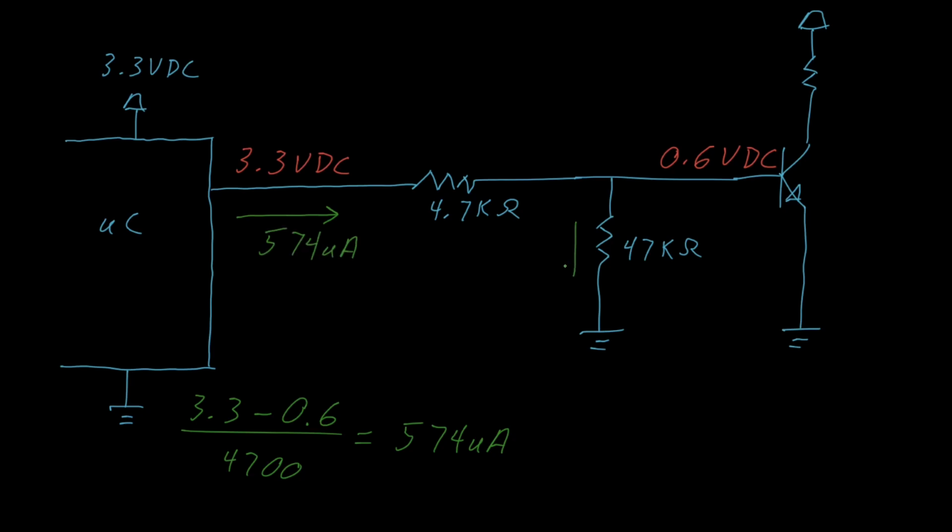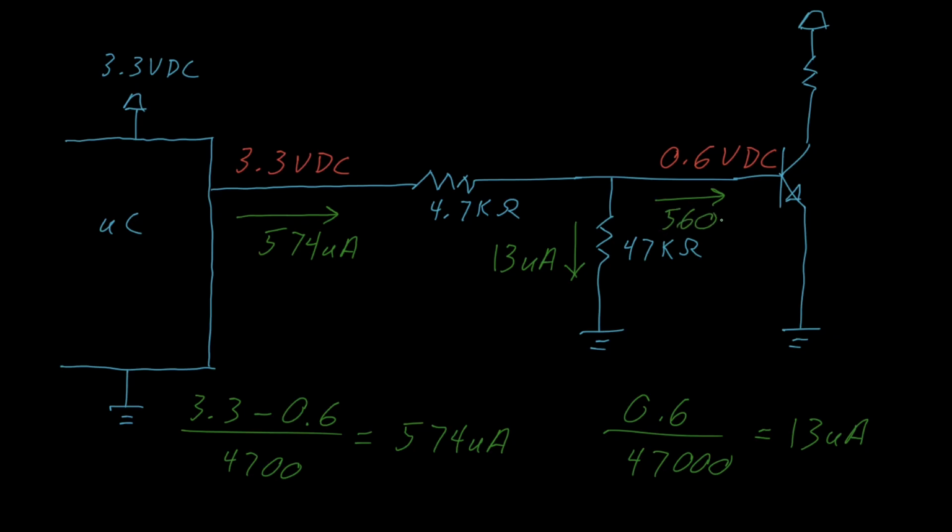There is a current flowing in this resistor, calculated as 0.6 divided by 47,000, which is approximately 13 microamps. That leaves a current here of approximately 560 microamps.